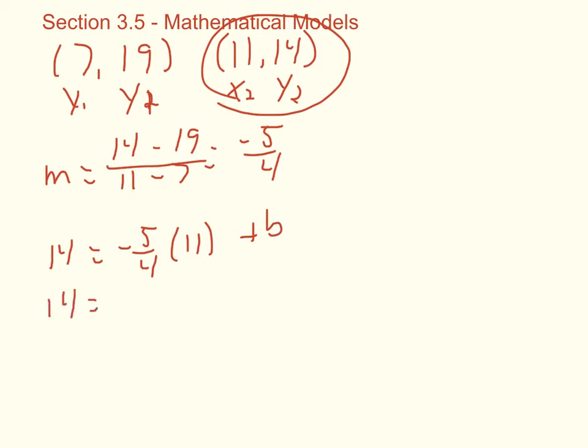14 equals negative 55 over 4 plus b. I did a little math before. Negative 55 over 4 is negative 13.75. We add 13.75 to both sides. That gives us 27.75. That equals b.